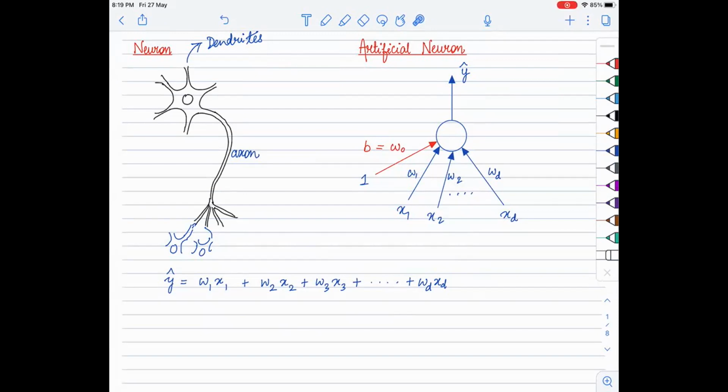For now, just understand what is happening, not why we are doing this. First you take x1 multiplied with w1, then x2 multiplied with w2, and so on, and then finally you add all of them. Finally you have a w naught. Let me erase this and make this w naught. There's no x naught, so just add w naught. This is the computation.